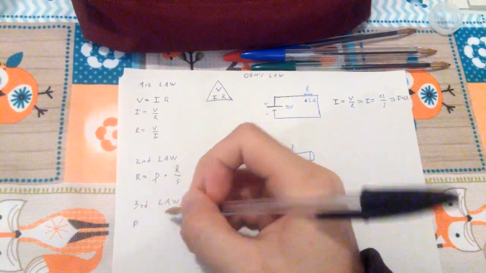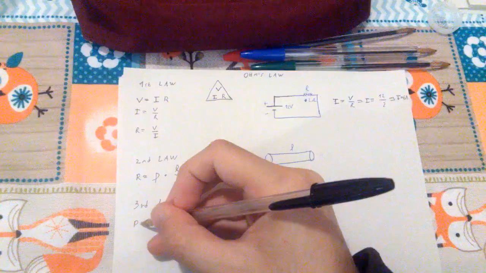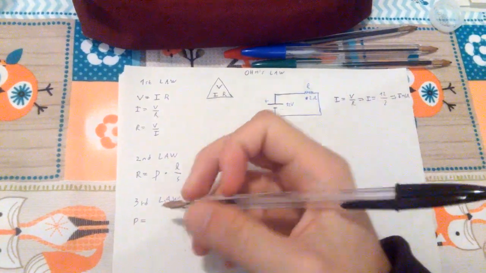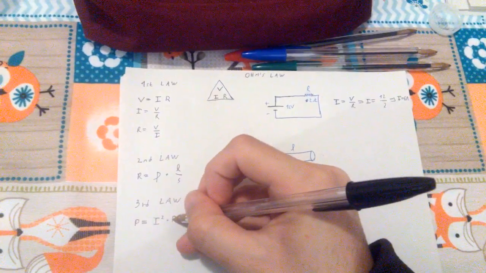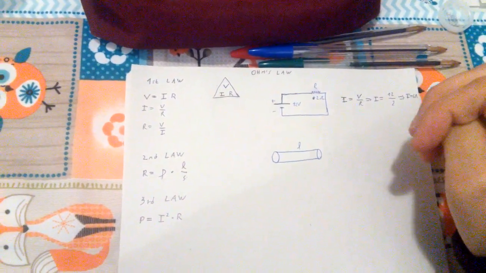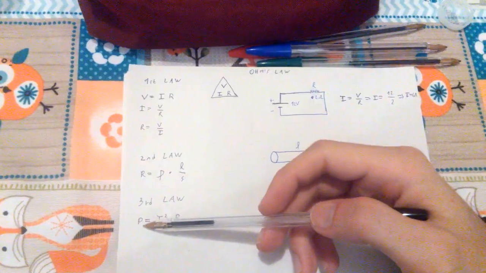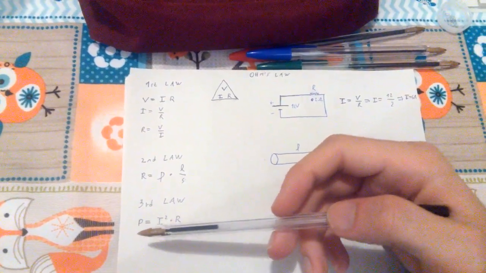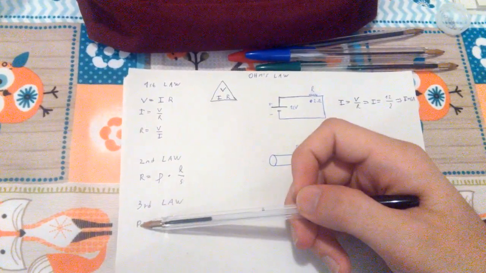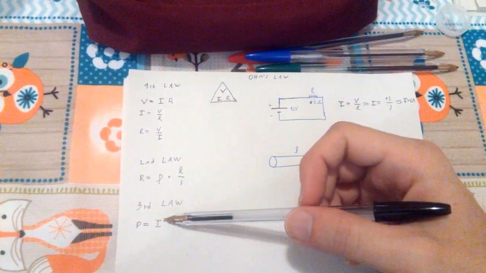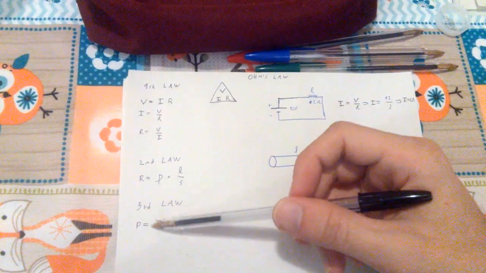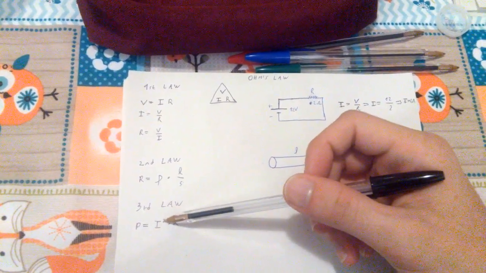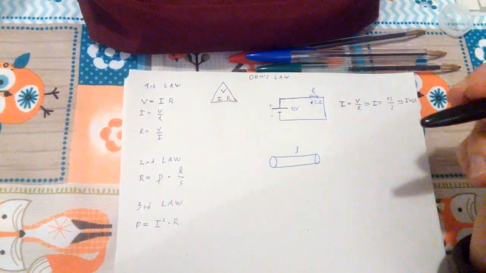So Ohm's third law says that the power is going to be equal to I squared times R. So the power dissipated by a certain element in the circuit is going to be equal to the current squared times the resistance.